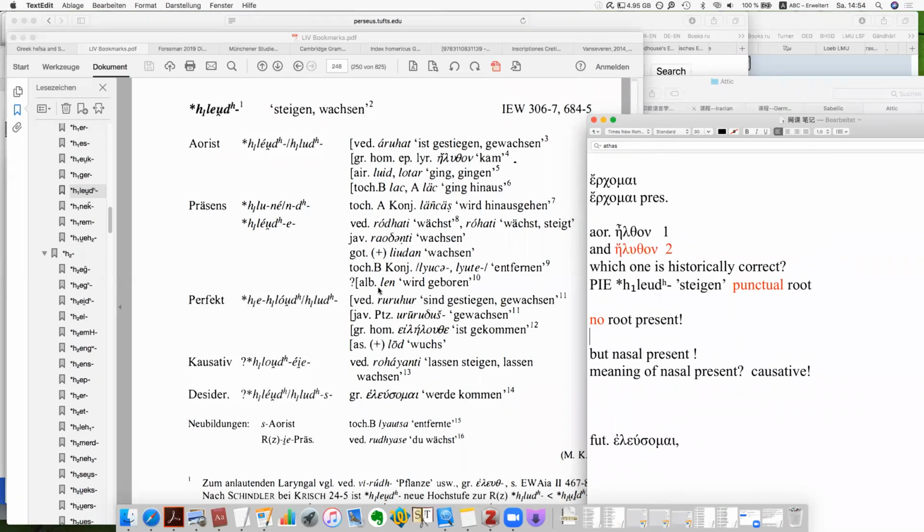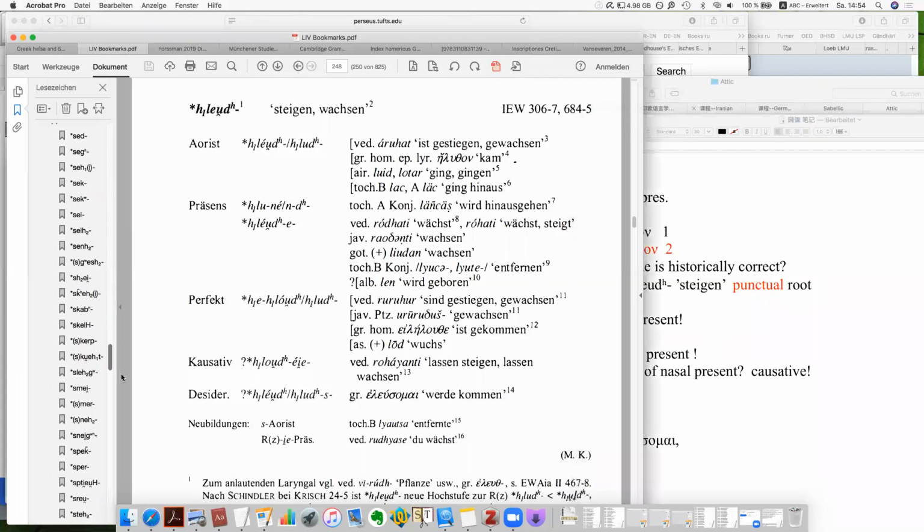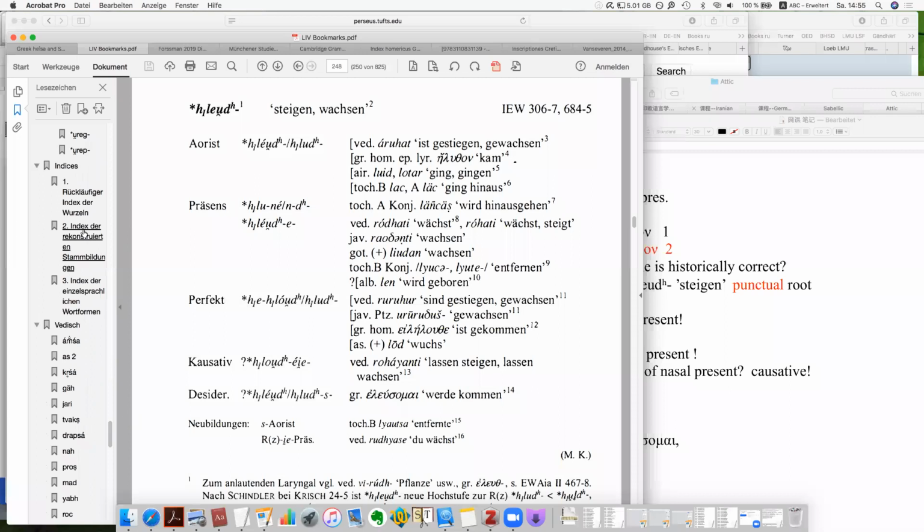Check the whole dictionary to find out the roots which have a root aorist and at the same time a nasal present. Is it clear? So find the roots which have a root aorist and at the same time a nasal present. This root is one example, right? And find other examples. And how can you do this? There's a convenient way: you just jump to the very end.